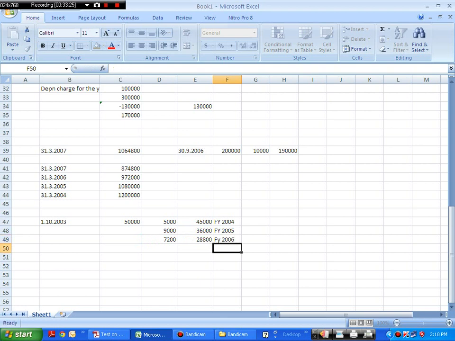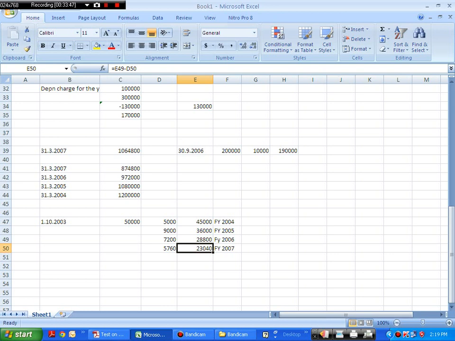FY 2006. For FY 2007, it will be 28,800 into 20%, and the WDV will be 23,040.